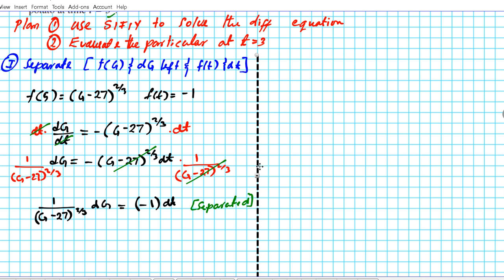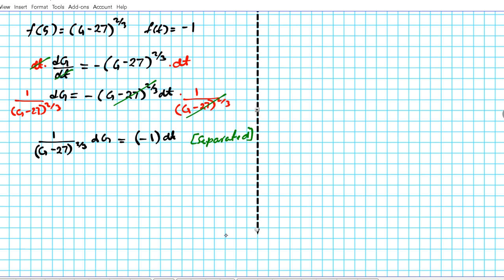Now what we're going to do next is get rid of this dg and dt business by integrating. Think about dg and dt as differentials, and the reversal of that is integration. So for part 2, we're going to integrate. That's the I in SCI-FI. Integrate both sides.